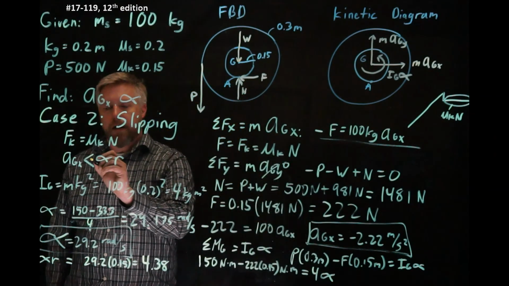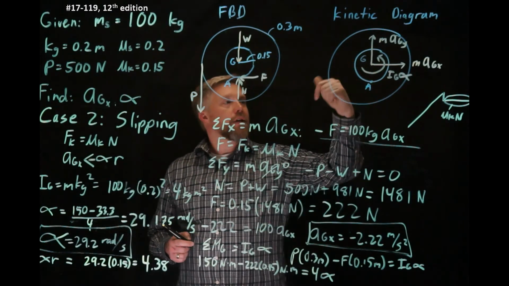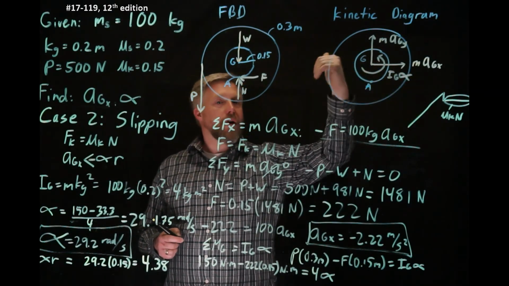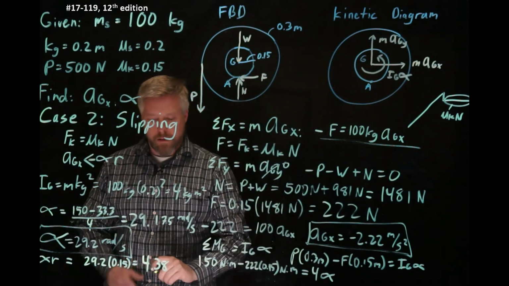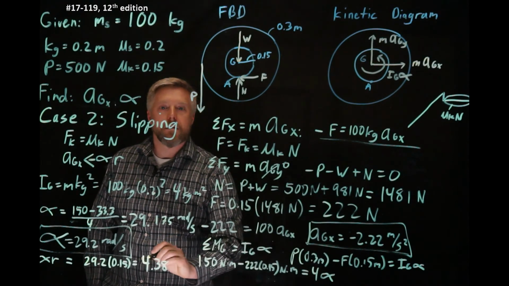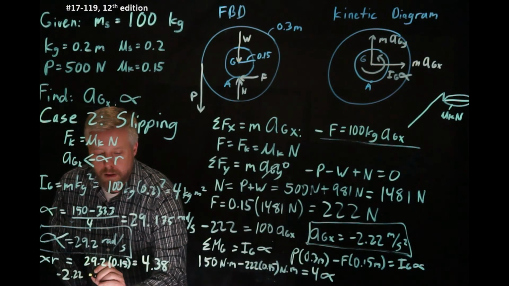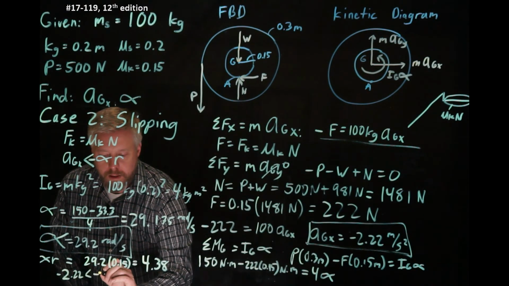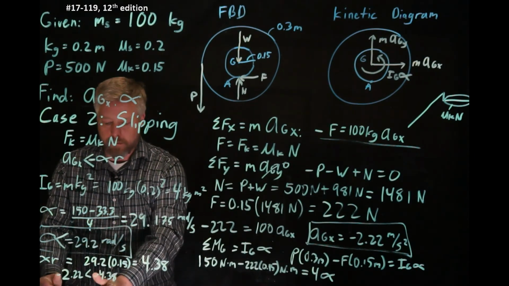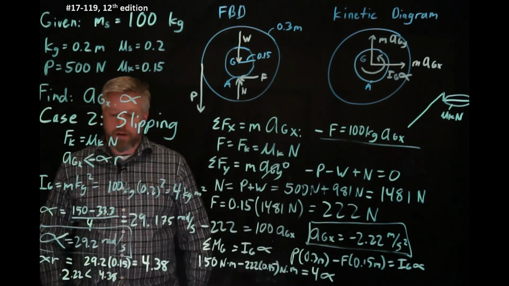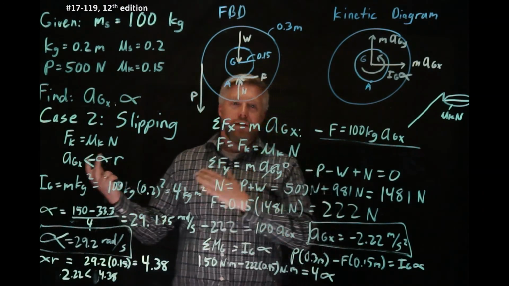Yes, I should have a negative sign on here because, just like we did in the last problem, if I have a positive alpha, I expect a negative AGX. With that negative sign on there, I can see that negative 2.22, which is our AGX, is less than negative 4.38. Or 2.22 is less than 4.38. The negatives made it confusing in there.